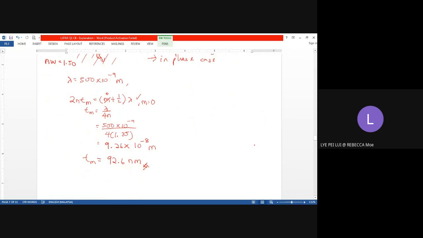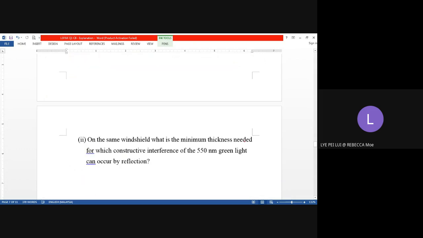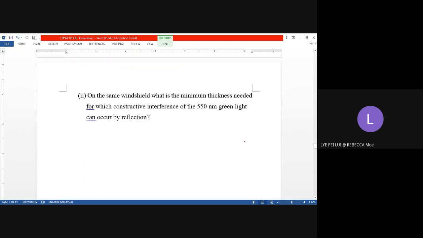Okay, so we proceed with our C2. On the same windshield, what is the minimum thickness needed for which constructive interference of 550 nanometer green light can occur by reflection? So this one is constructive interference, and the wavelength given is 550 nanometer.